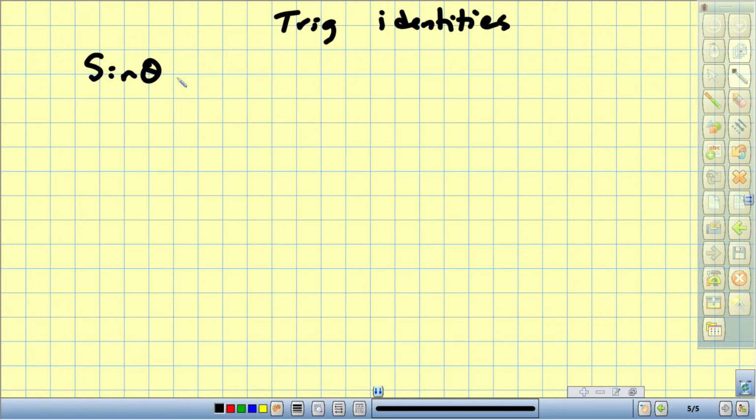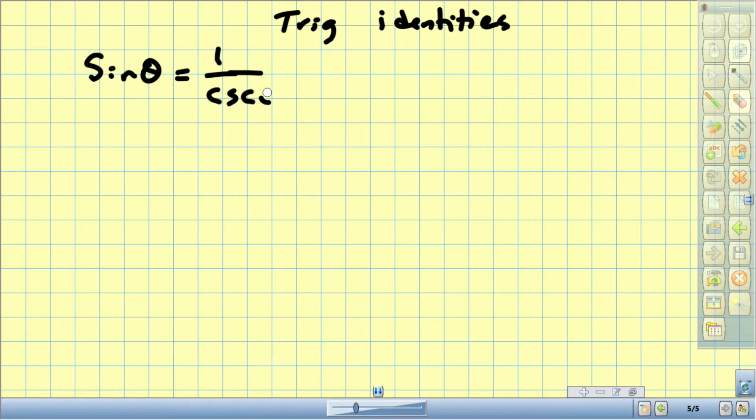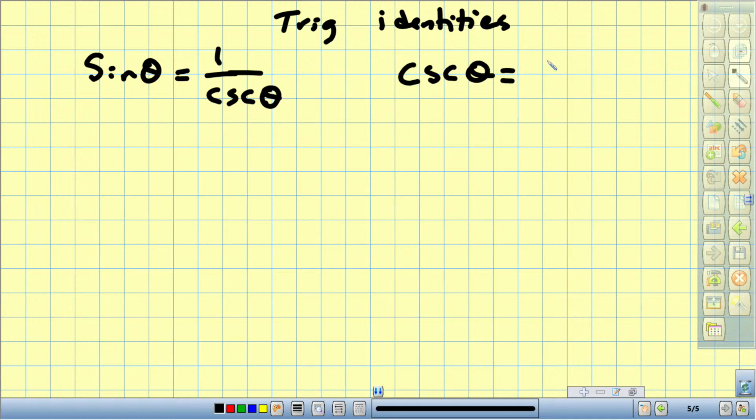Sine theta equals 1 over cosecant. It's called a reciprocal identity. And we just showed that with numbers. You guys remember that? We showed that with numbers just a minute ago. Which also means, by the way, that cosecant theta is 1 over sine theta.